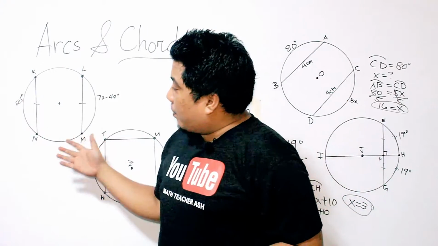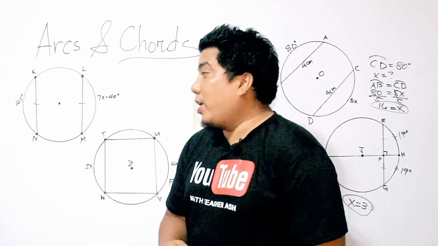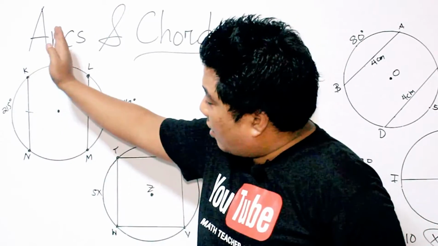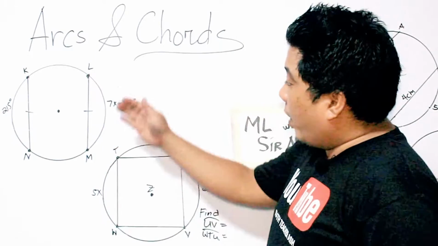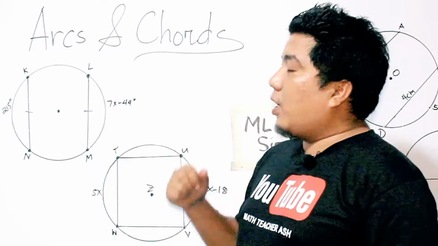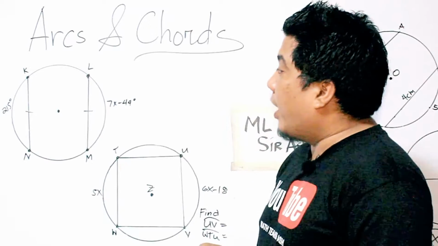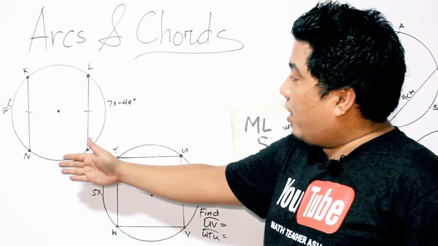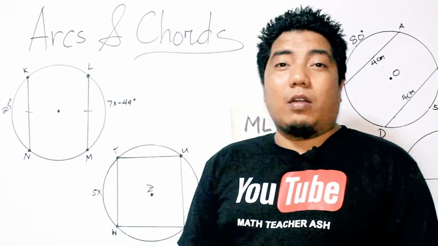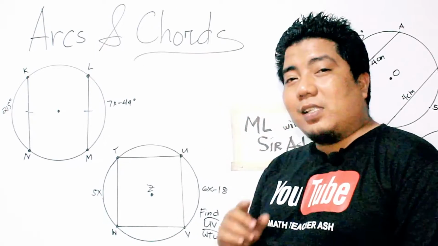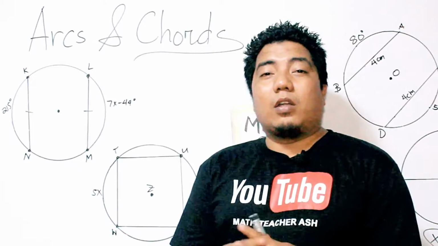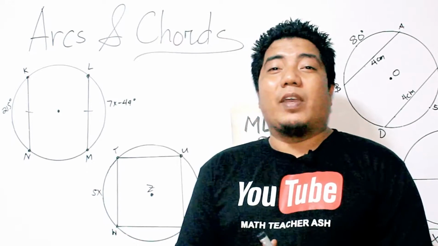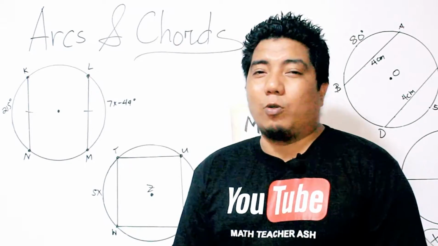We have this application again for theorem number 1. So, we have arc KN is equal to 215 degrees, while arc LM is equal to 7x minus 44. And the chords KN and LM are congruent. If that is the case, remember theorem number 1 states that if your chords are congruent, then you will also have intercepted arcs that are congruent.